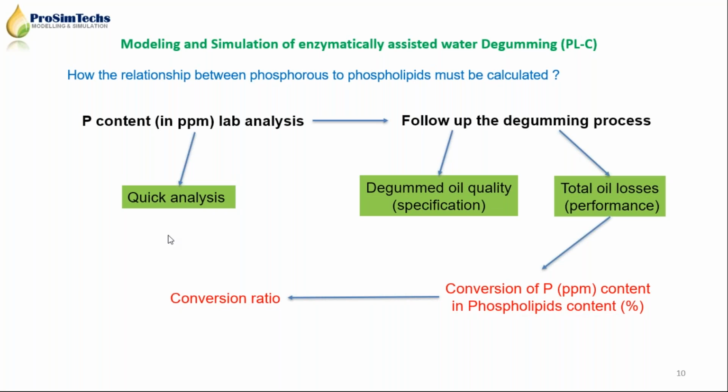I would say that we express phospholipid content as phosphorus content to follow up the degumming process, either in a water degumming, an enzymatic degumming, or even an acid degumming used in the chemical refining route.